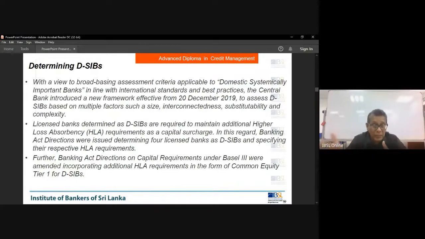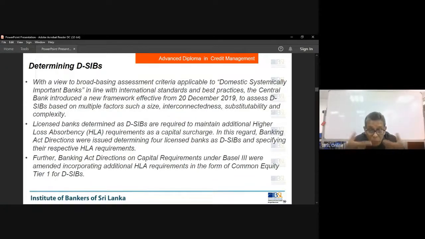Beyond that, other banks also have to have those other buffers, but they introduced what you call a higher loss absorption requirement as a capital surcharge. We call it HLA, right? So that is the basis they took to determine the domestically systemically important banks. They also look at other factors, size, interconnectedness, substitutability and complexity, and they identify them.